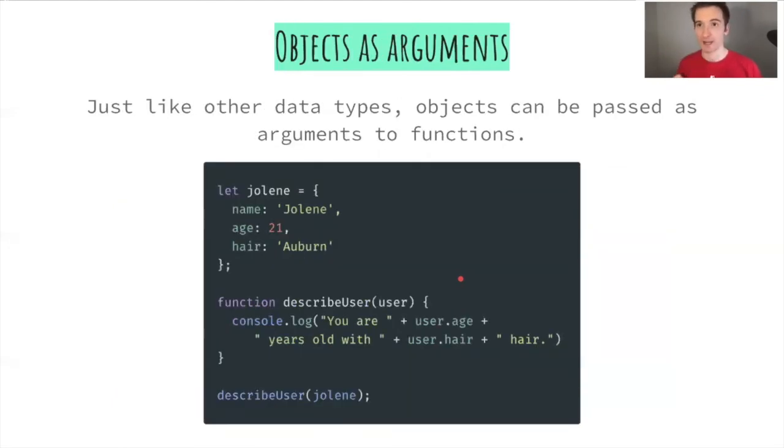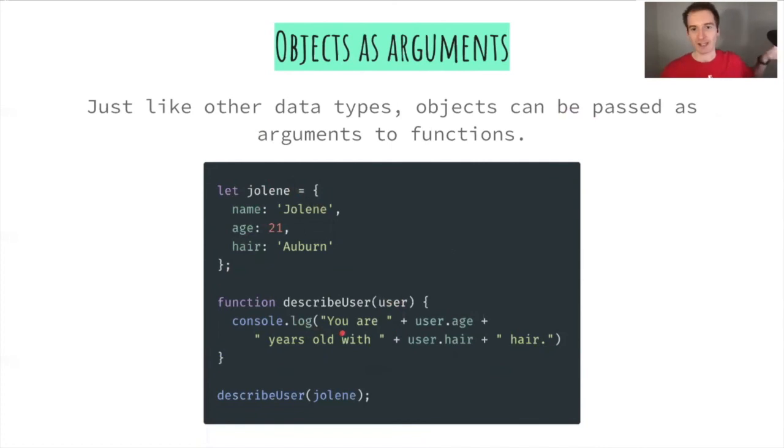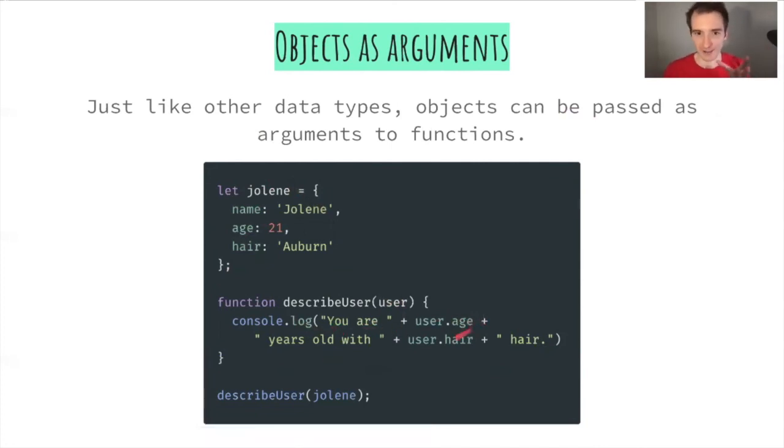We can also pass objects as arguments into functions, which is also really useful. So in this case, we have a function called describeUser. It expects a user object like this, and it will log out, okay, you are a certain number of years old and you have a certain hair color, for example.